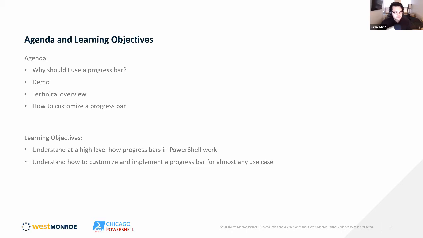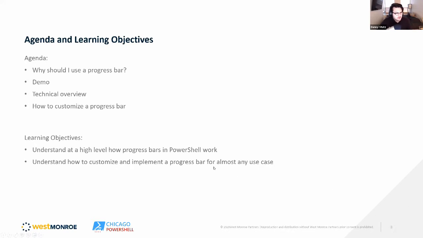So on the agenda for today, why should you actually use a progress bar? Why would you spend the time to take those extra couple of steps and implement them into your scripts or anything like that? And then we're going to go through a demo of just kind of showing how the progress bars actually function. We'll go through a technical overview, kind of going over the main driver behind the progress bars.